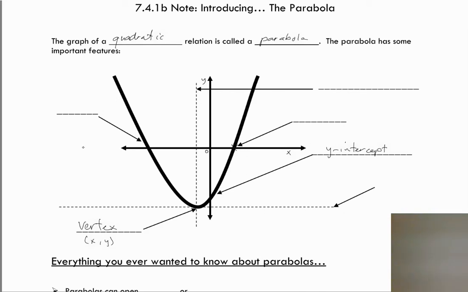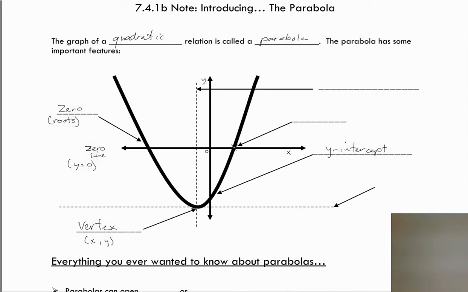Well, this whole line is called the zero line, so meaning y equals 0. So where do the zeros happen? Well, right here and right here. So this is the 0, and some people call them the roots, like roots of a tree in the ground.